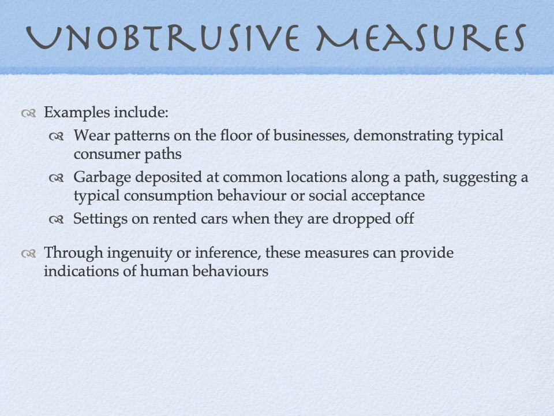Things like unobtrusive measures. So you might take a look at the wear patterns on the floor of your business to see the routes that people tend to take. You may see where people are dropping their garbage and see if it's a common place that people drop their garbage, or a common type of garbage that's getting dropped, or a certain time of the week.